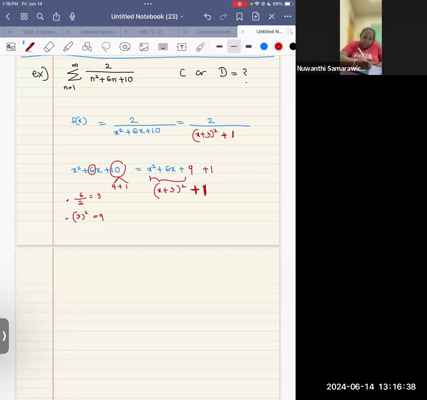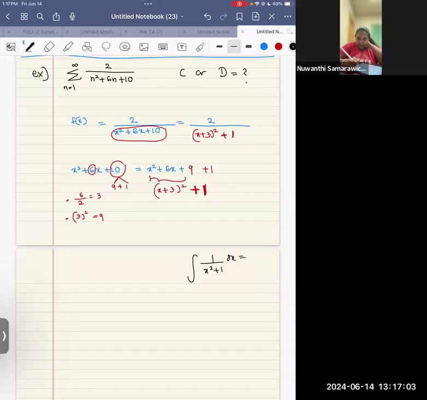So this is same as this. Why am I doing this? Because you know already the definite integral of this, x squared plus 1. What is the definite integral of this? I said this is very important. You have to remember this. What is the integral of this one?